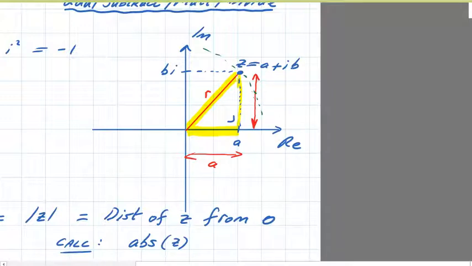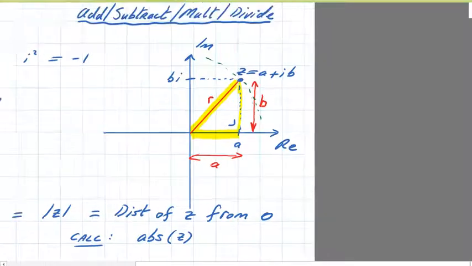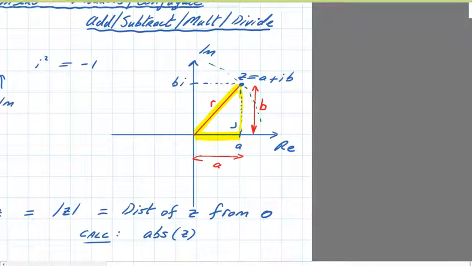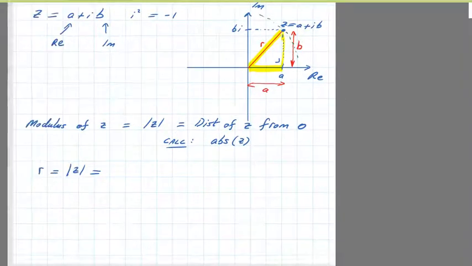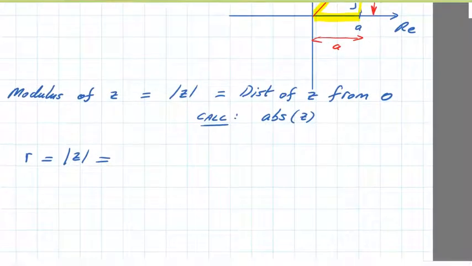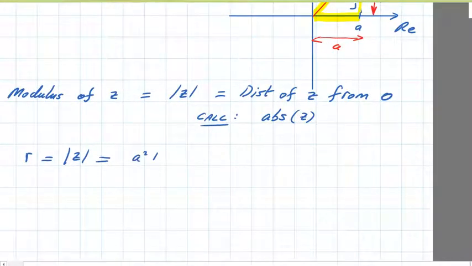So that's a distance of B units. And now we can see quite clearly that it's a right angle triangle, so because of Pythagoras, A squared plus B squared is R squared. So if A squared plus B squared is R squared, well then R is the square root of that because of Pythagoras.